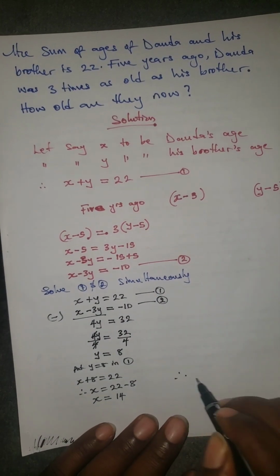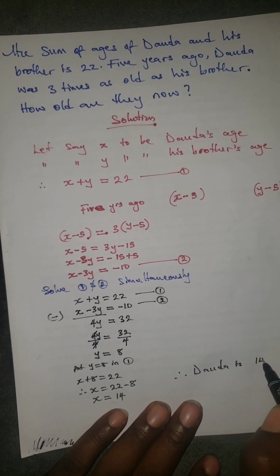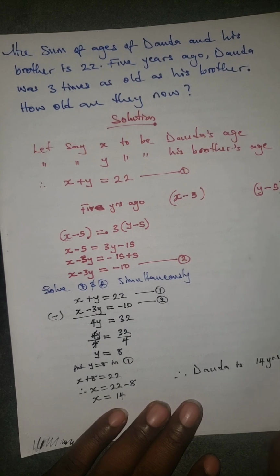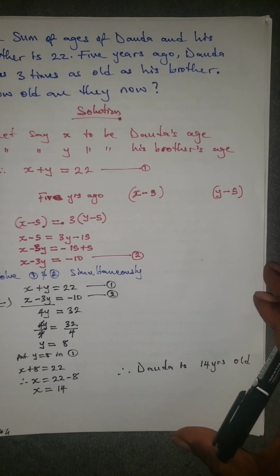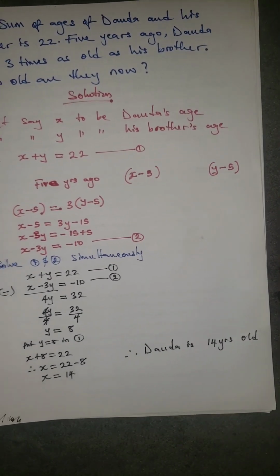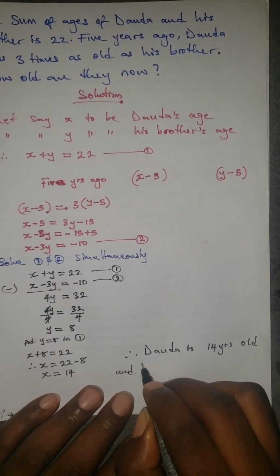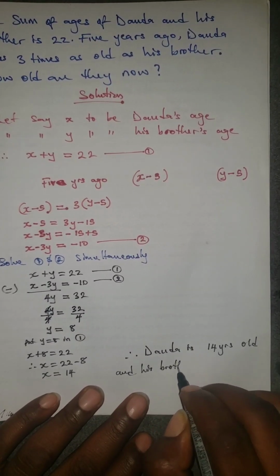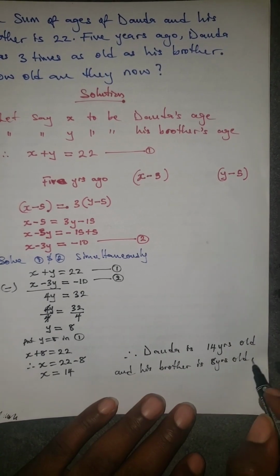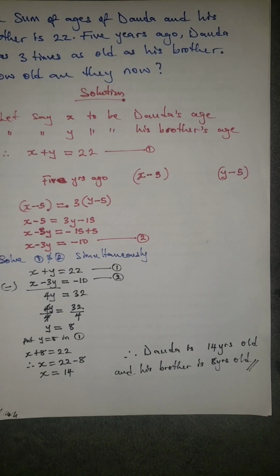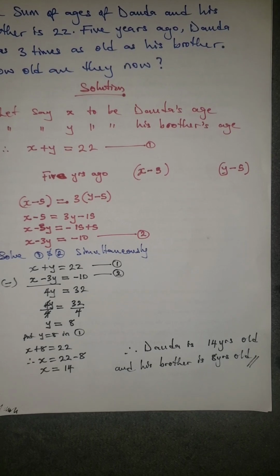So you can conclude that Dauda is 14 years old and his brother is 8 years old. So that's how we got our answer there.